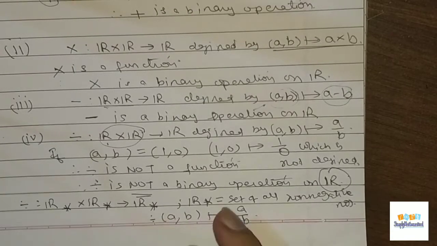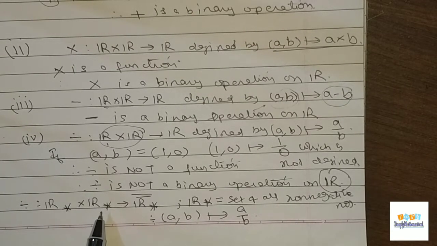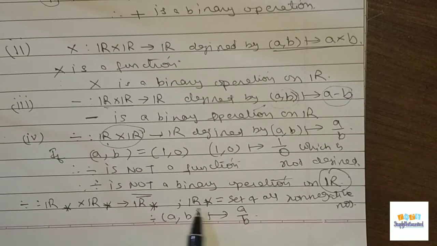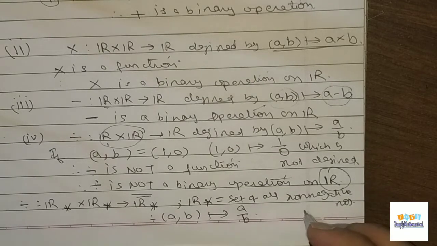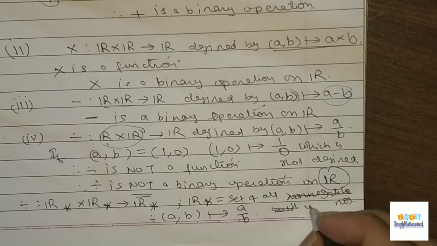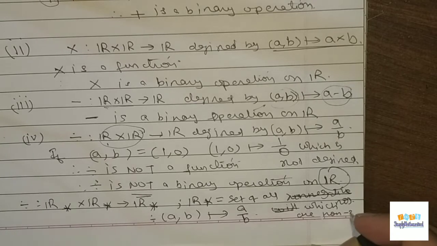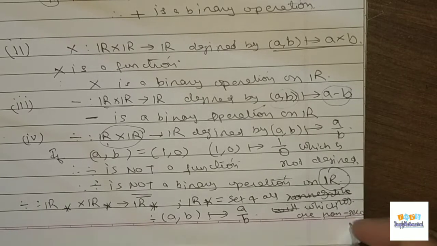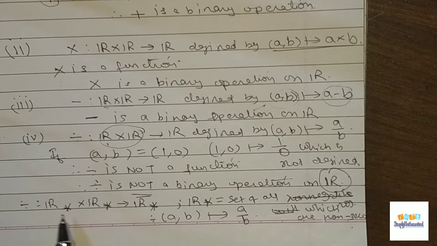Okay, the definition is same, but we are taking a different set, that is R star, which is set of all numbers which are non-zero. So you are taking all the elements which are non-zero.